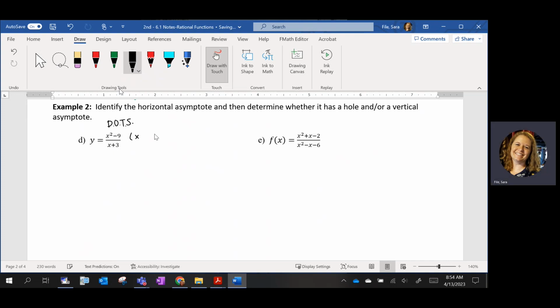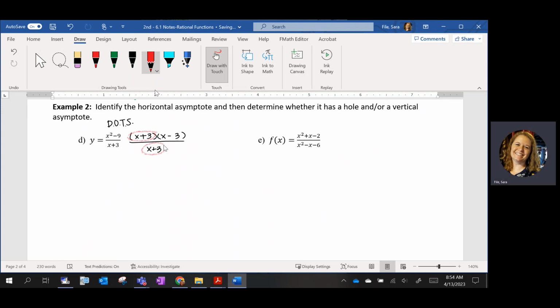So that's going to factor to the 2 nearly identical binomials, right? What's the square root of 9? We're going to do x plus 3 and x minus 3, right? And then my denominator is x plus 3. So is there a common factor here?